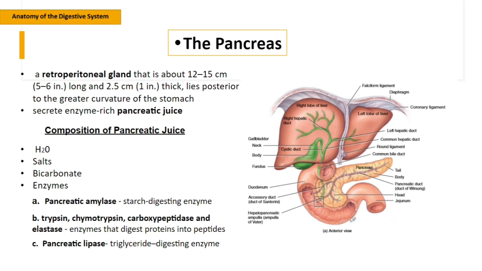Lipase breaks down lipids. For example, ang magandang lipid is triglyceride. Okay? So, para ma-broken down ang mga different molecules such as starch or carbohydrate, proteins into peptides, triglycerides or the fats, you use different enzymes, which is again present in or a composition of our pancreatic juice.